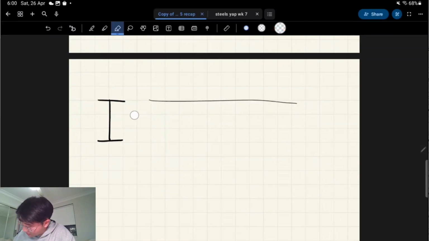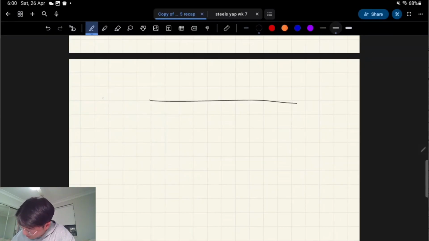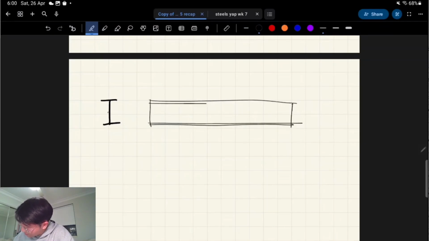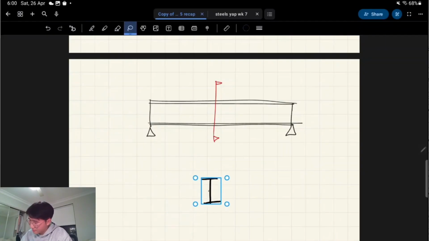I might just draw this smaller, that's easier. Okay, we have this beam like so. Let's keep it simple and make it simply supported. We're going to look at this cross section, which is what you can see on the left here.